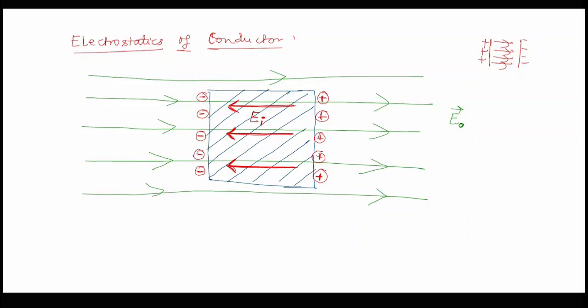So I can redraw this conductor like this, with the electric field inside the conductor nullified. There is no electric field inside the conductor, and it looks somewhat like this.